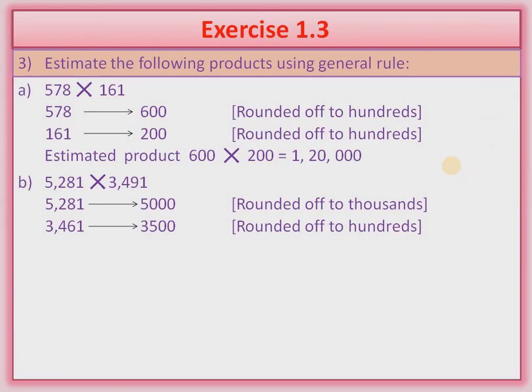Then if you multiply, what to do first? Multiply 35 by 5. Clear what I am telling you? So 5 fives are 25, carry 2. 5 threes are 15 plus 2 is 17.